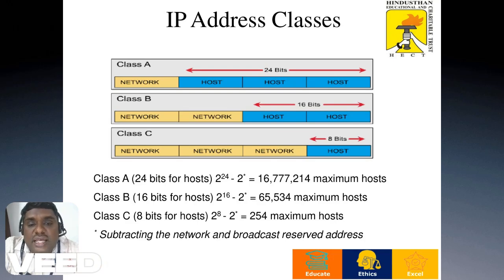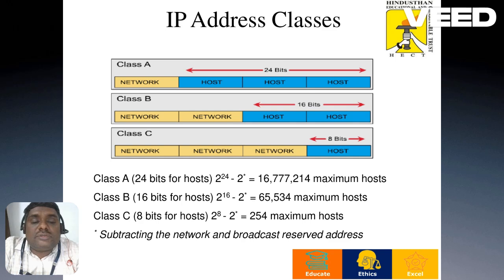In IP address classes, class A has 24 bits for host, which means a maximum of 16,777,214 hosts, about 16 lakh systems, can be connected. Class B will have 65,534, and class C will have a maximum of 254 hosts connected.